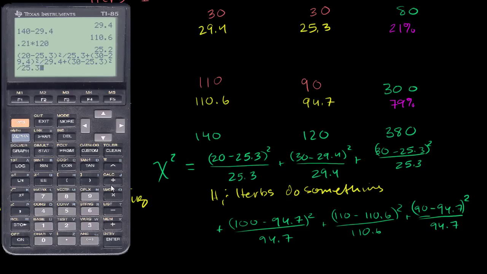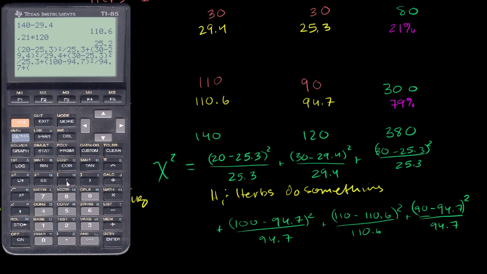Halfway there. Plus 100, open parentheses. This is the tedious part. 100 minus 94.7 squared divided by 94.7, plus 110 minus, well, I'll actually type it out.